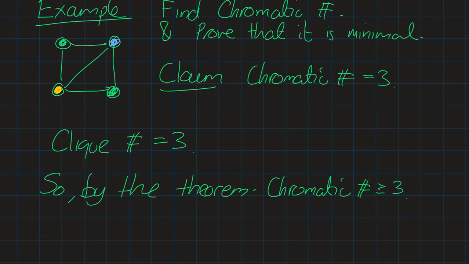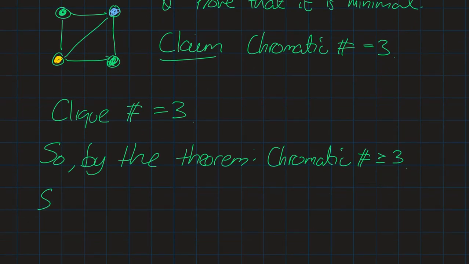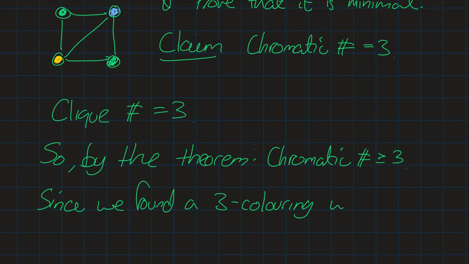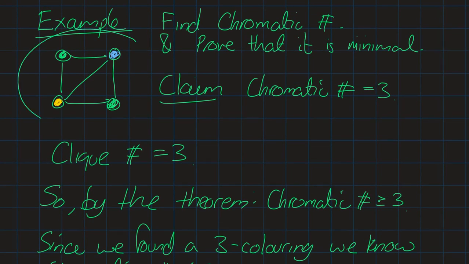But we already found a 3 coloring. Since we found a 3 coloring, we know that the chromatic number is less than or equal to 3, because this is our 3 coloring right here.